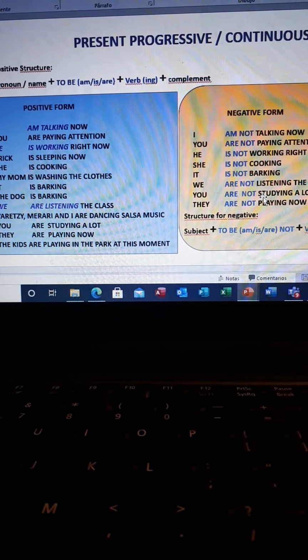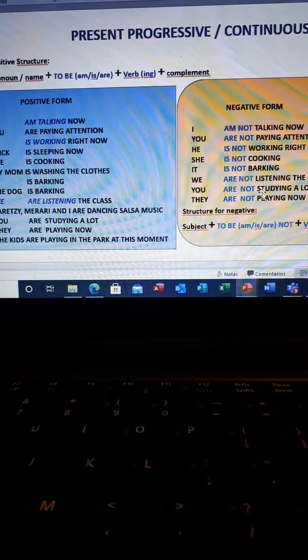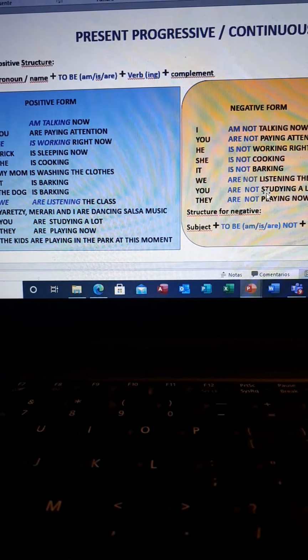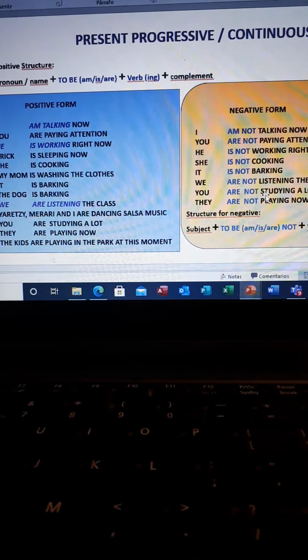Remember that the verb to be we conjugate in three forms in present. Am for I, for myself, is for the singular pronouns or names, and are for the plural form. So we can say that I am, or you are, or she is.